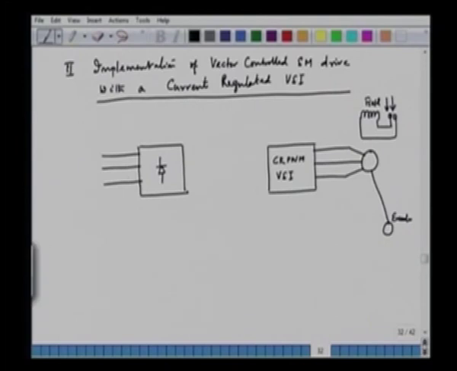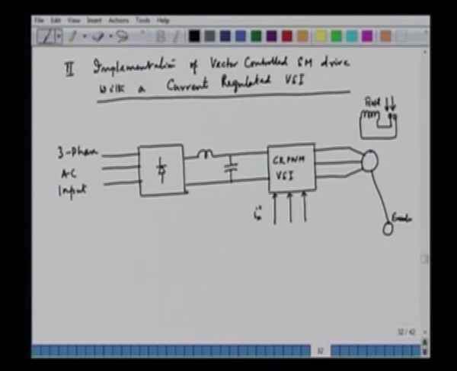So, we have 3-phase AC input, and then we have a small filter here, a small inductor and capacitor to filter out the ripples in the rectifier output, and what we feed to the current regulated PWM VSI are the 3 reference currents, IA star, IB star and IC star, and these are basically the actual currents here, IA, IB and IC.